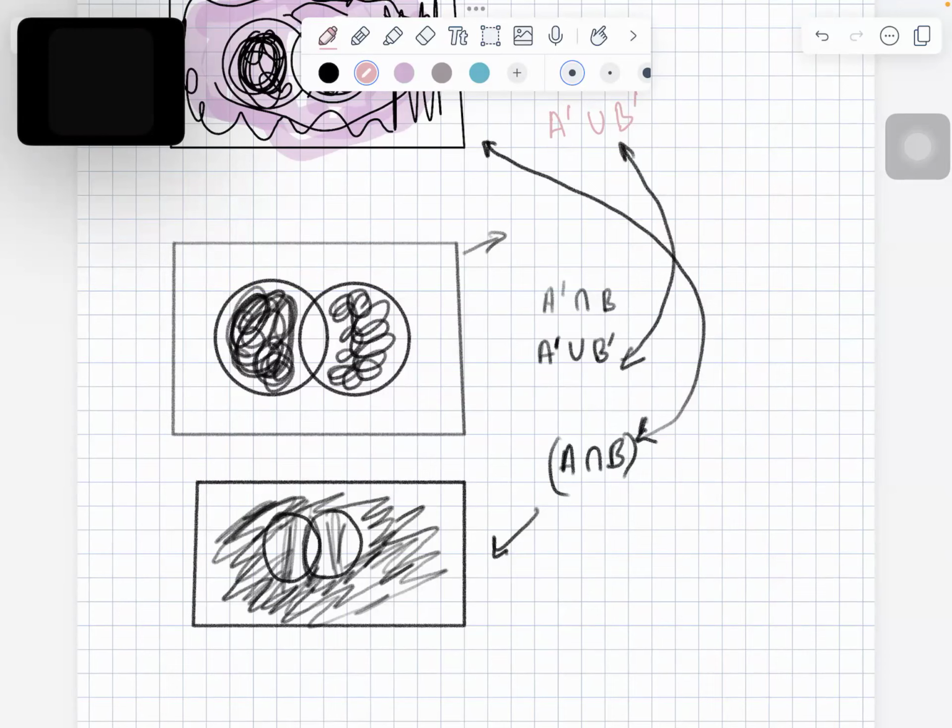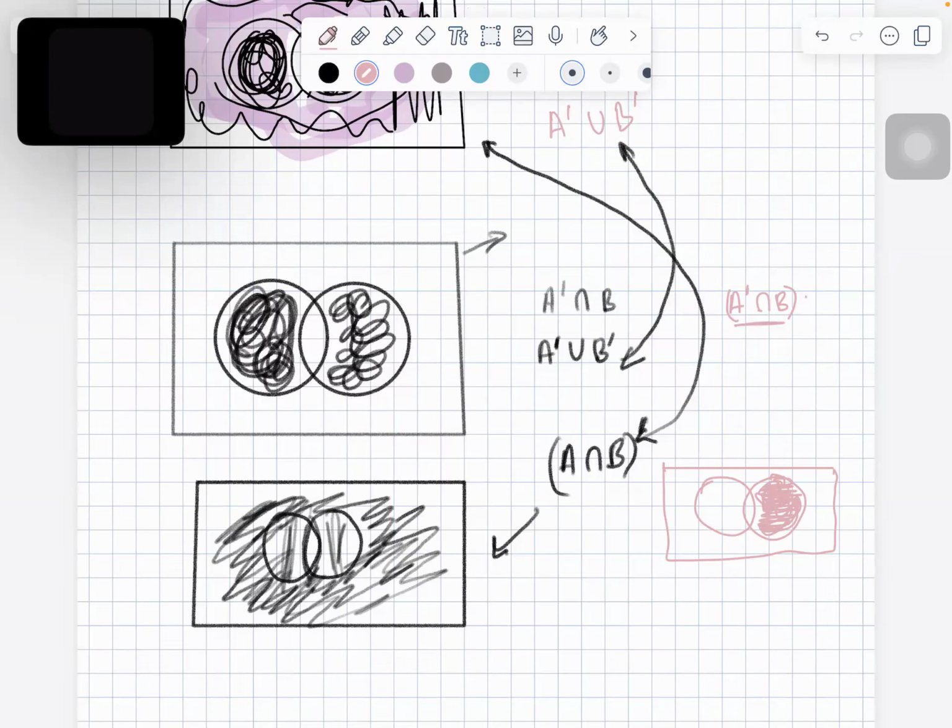Let me tell you. It's A complement intersection B. It's going to be one part. So once you put this in a diagram, you get this answer, right? Okay, this is part one.